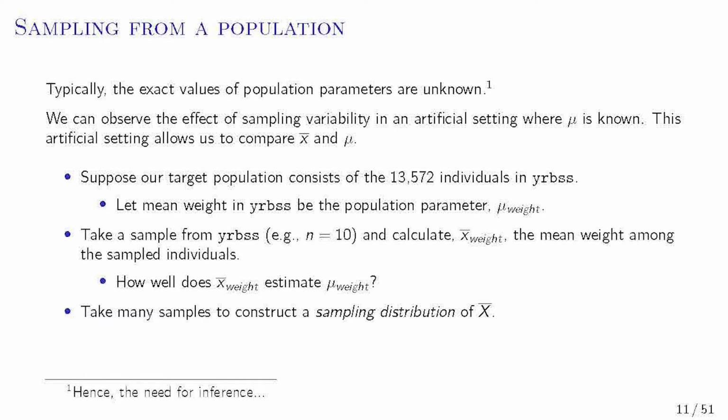Let's pretend, just for the sake of example, that the sample that we have is actually the population. So we'll let the mean weight in this dataset be the population parameter, mu weight. And we're going to take a sample, well, maybe 10, to calculate x bar weight among the sampled individuals.